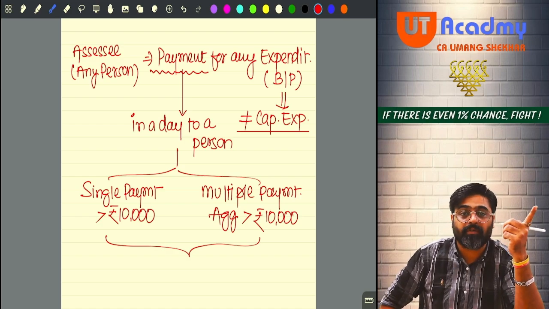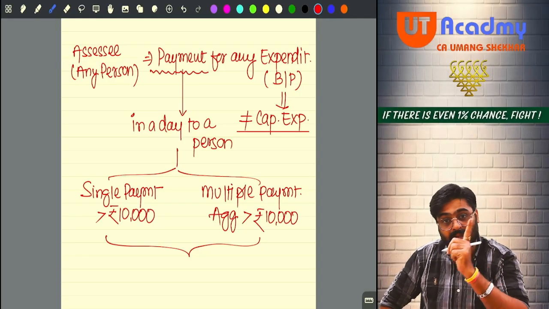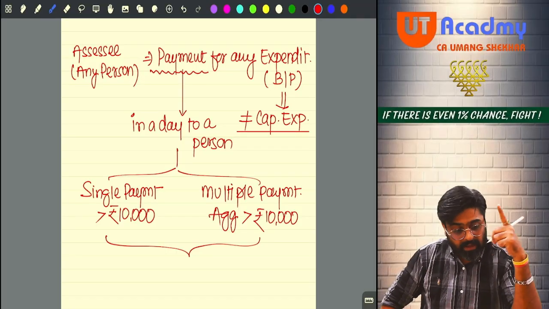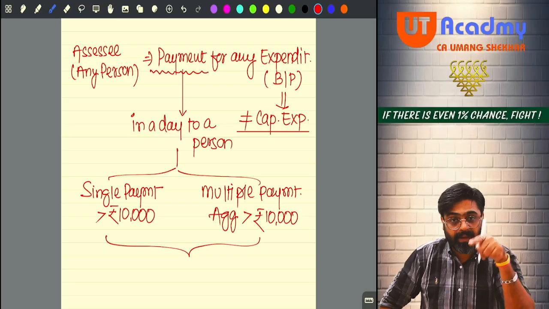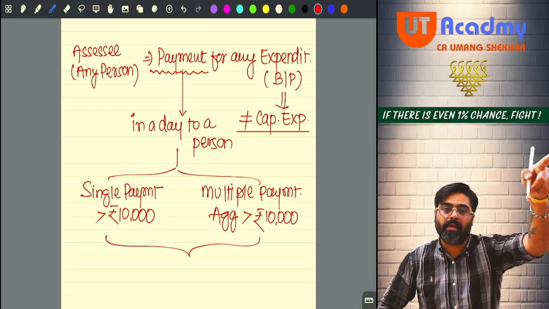Not just the cost of an asset paid in a day more than 10,000, but any expenditure other than the asset's cost, any other expense which you are incurring for the business, even those expenses paid in a day more than 10,000 should be paid by way of prescribed mode only.